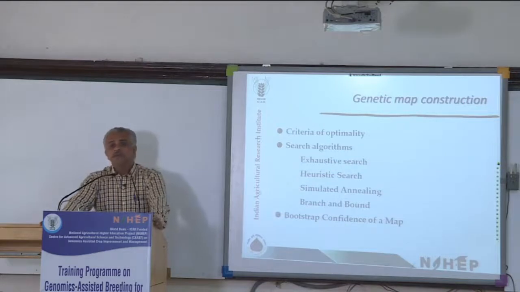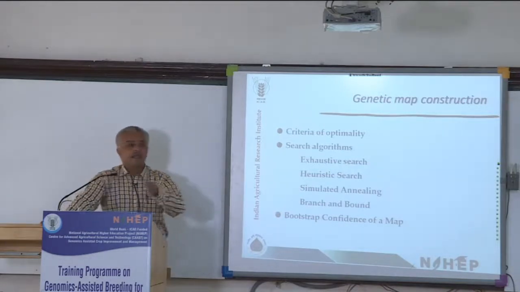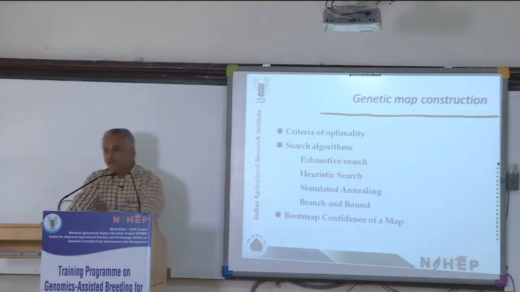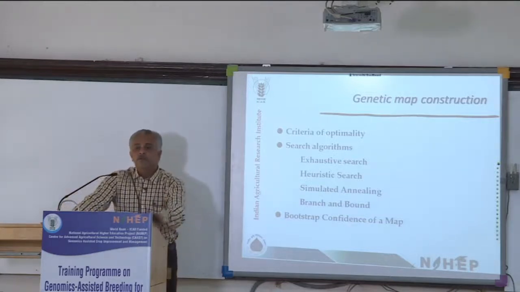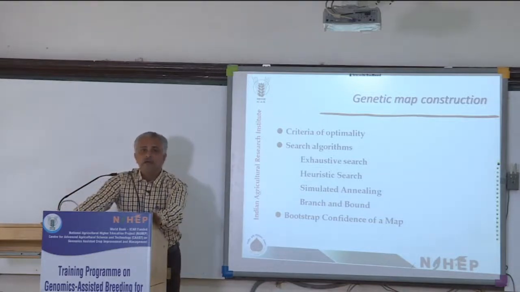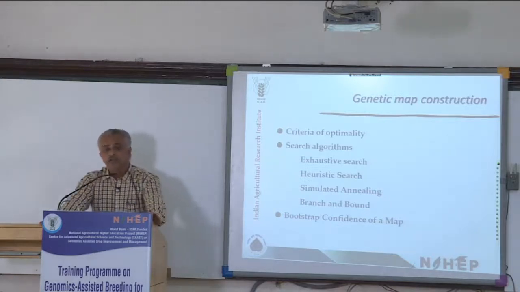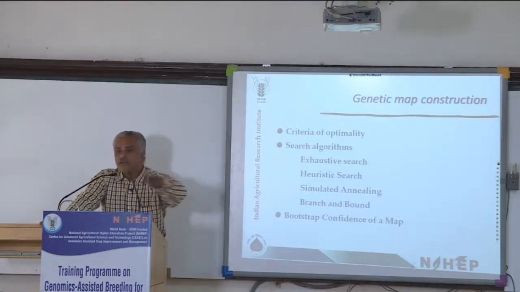So, if you take any particular locus, you will be able to segregate the progenies as parent 1 type and parent 2 type, right? You will be able to do that. Since we have all the loci, every locus follows the Mendelian segregation.